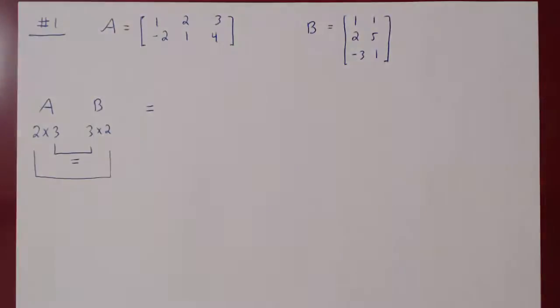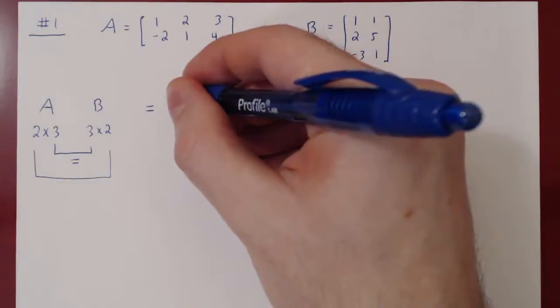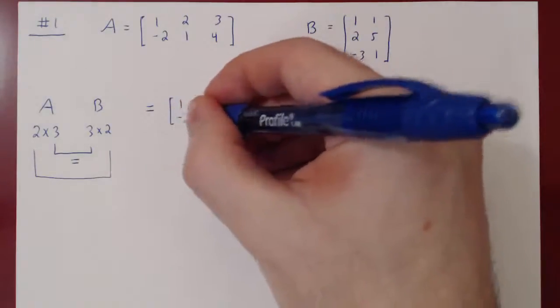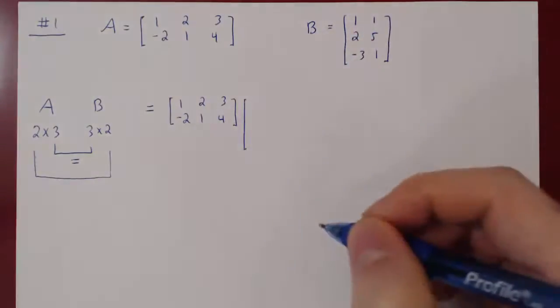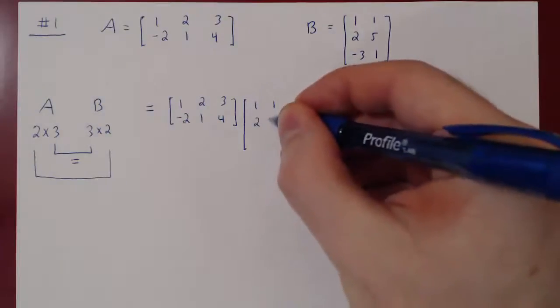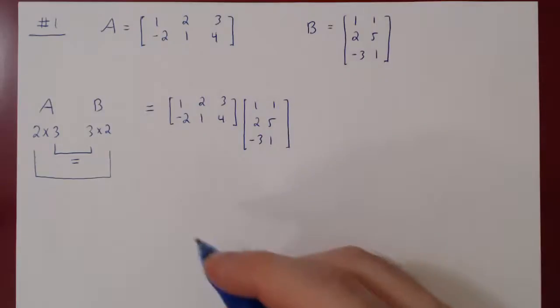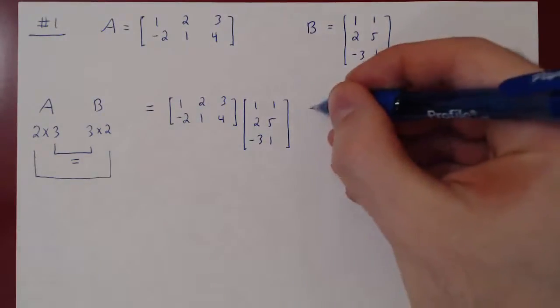Well, let's see how that's going to work out. So let's write our matrix A. 1, 2, 3, negative 2, 1, 4, times the matrix B, 1, 1, 2, 5, negative 3, 1. So we know the new matrix AB will be a 2 by 2 matrix.